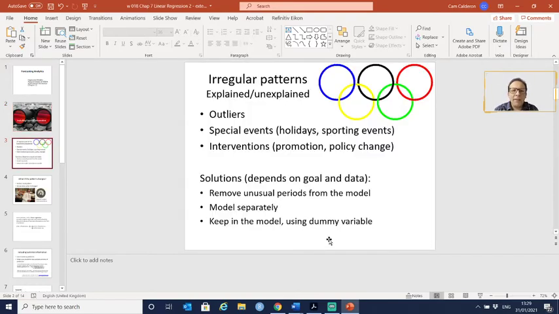Right, so we have in general irregular patterns that are explained and unexplained in our data. Sometimes these patterns need to be cleaned in the data before we can start forecasting or analyzing the data. We need to make sure that we are not actually changing the data when, for instance, we have outliers.